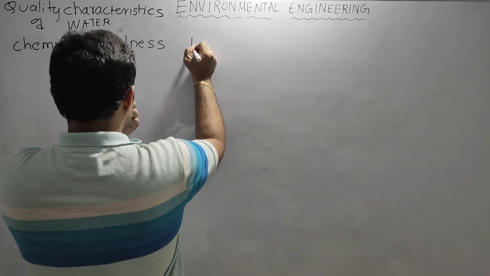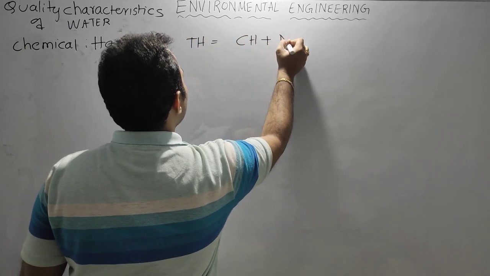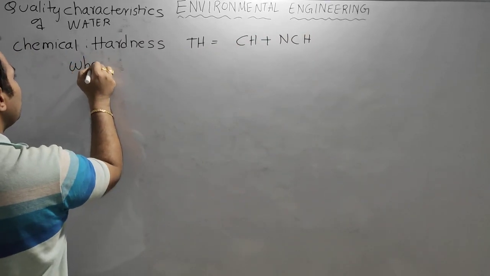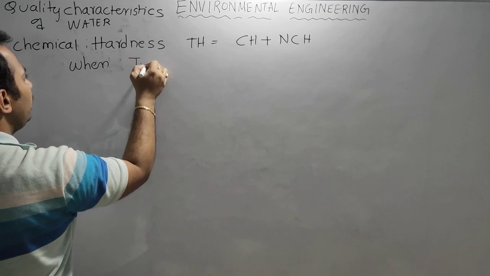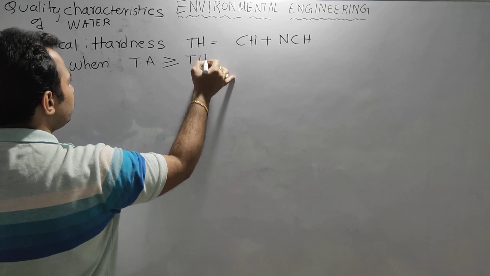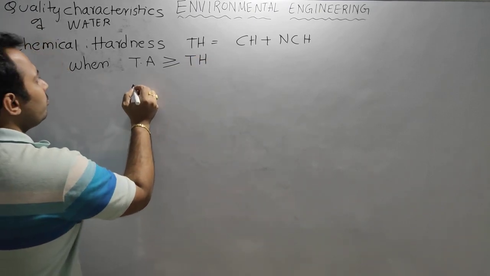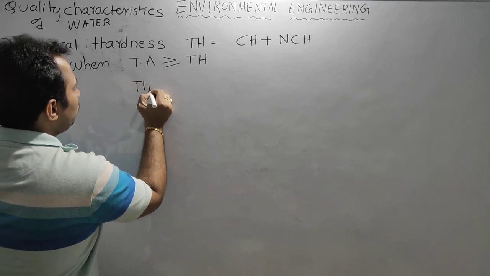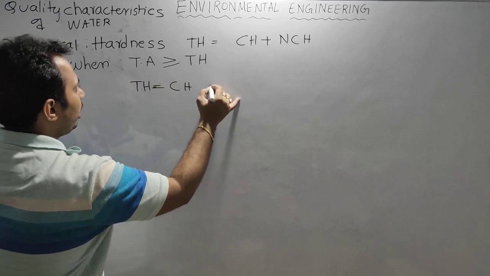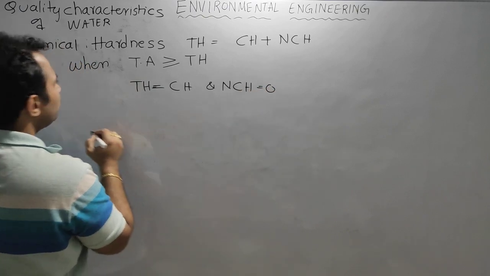So total hardness is equal to carbonate hardness plus non-carbonate hardness. When total alkalinity is greater than or equal to total hardness, then total hardness is equal to carbonate hardness, and non-carbonate hardness is equal to 0.